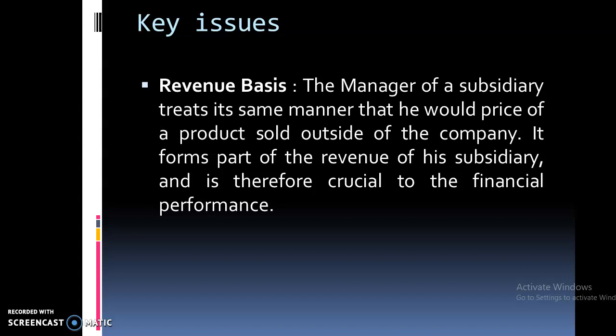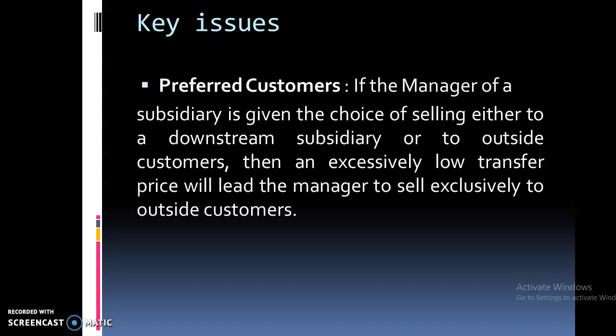So the managers of the other subsidiary units will think: why are you selling the goods at the same rate? We are all part of the family. Why are you not giving us a discount? This is one of the key issues faced in transfer pricing from one subsidiary unit to another subsidiary unit.